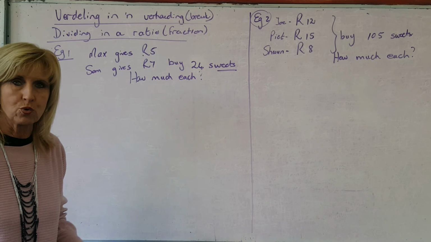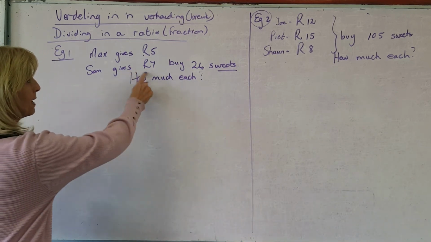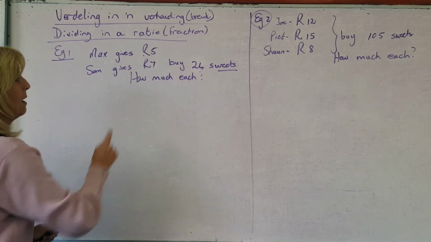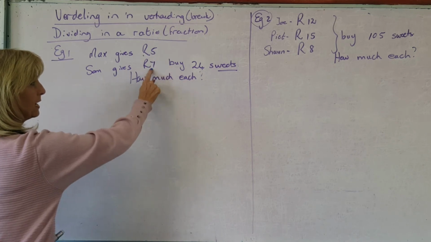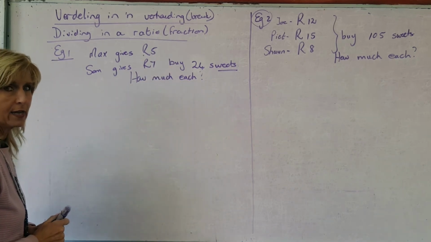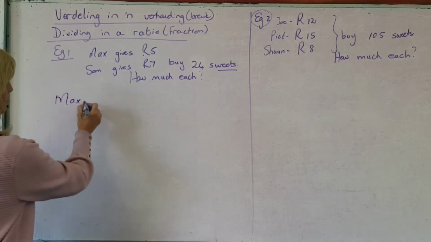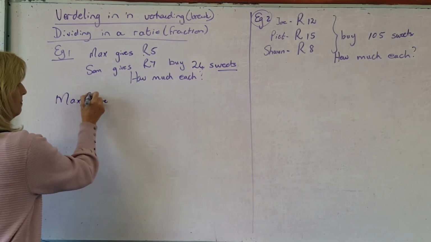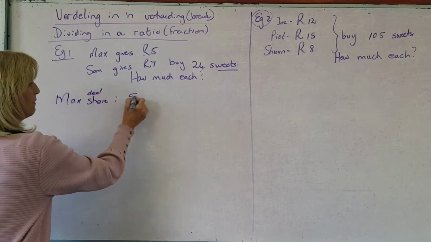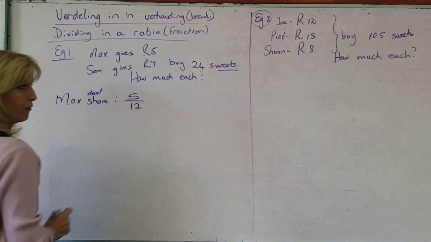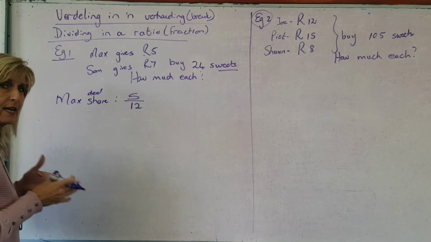So now what's the story? So you take the total amount of money and you say, but that guy gave R5 out of the R12. So with Max, his share, jou deel, Max se deel sal wees 5/12. 5/12 is wat hy daar ingesit het.